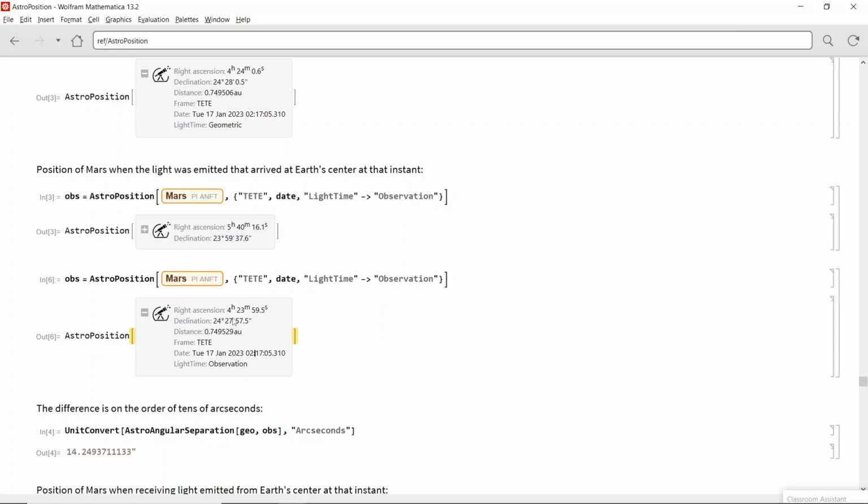So you have 4 hours, 23 minutes, 59.5 seconds compared to 4 hours, 24 minutes, 0.6 seconds. The difference is on the order of tens of arc seconds.